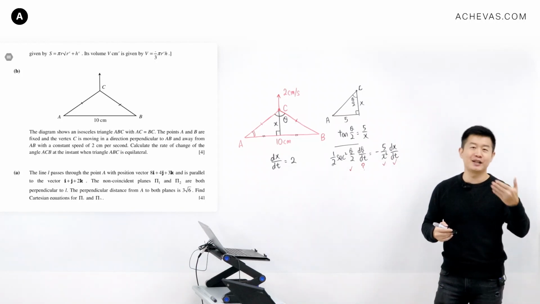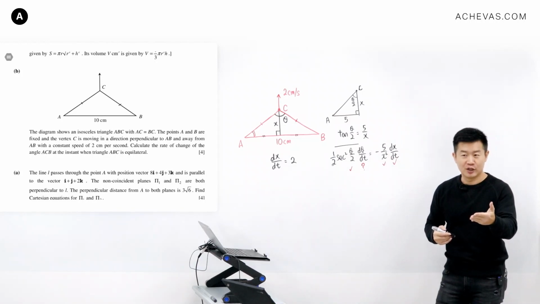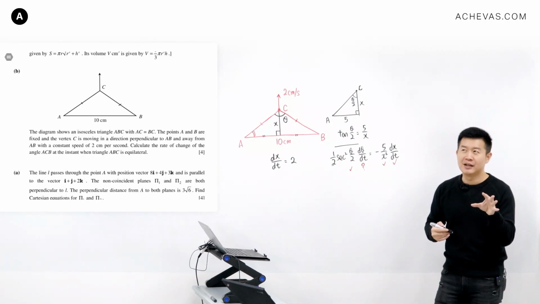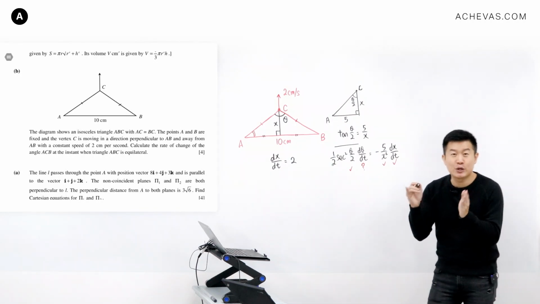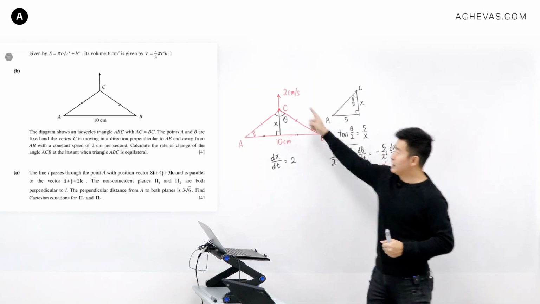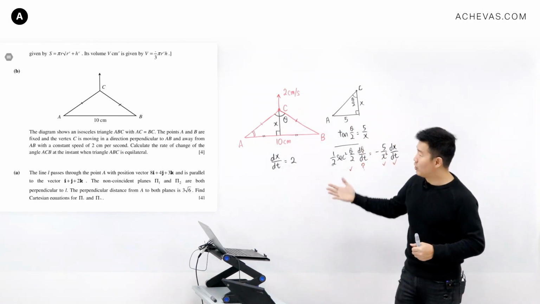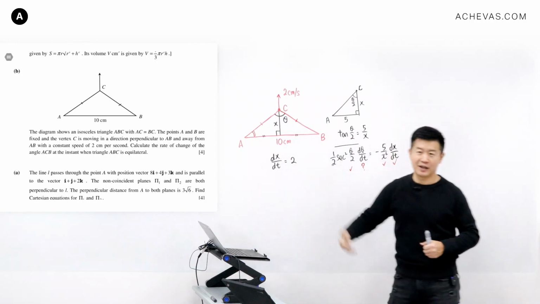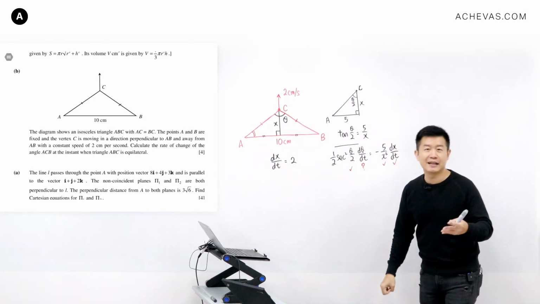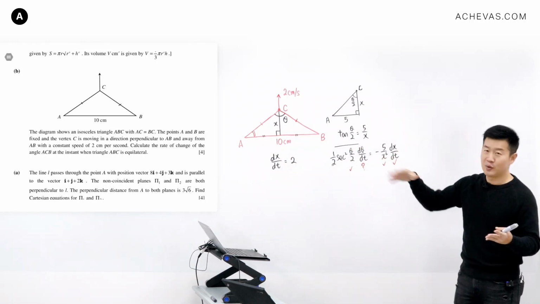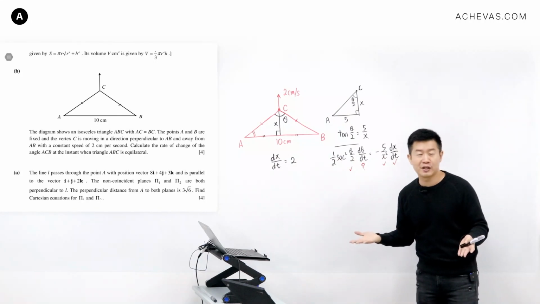In the O level, they will just tell you the geometry, the more numerical version of equilateral. For example, they will tell you that these three lengths are the same, or if x were to be here, they will just tell you that x is equal to 10. But now they are saying that it is equilateral, so what is your interpretation? I don't think this is very difficult.